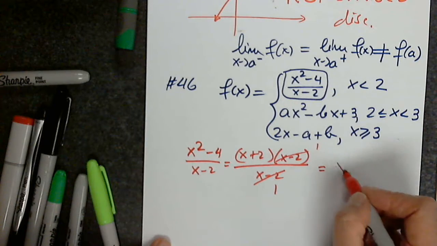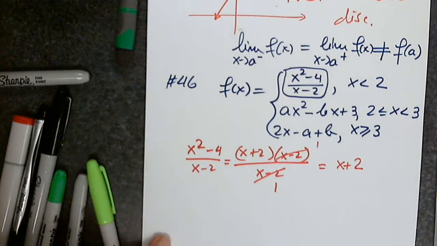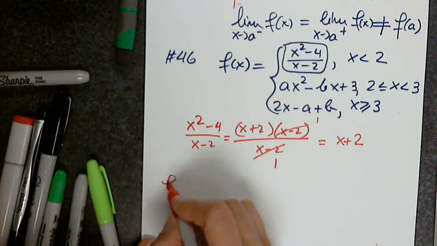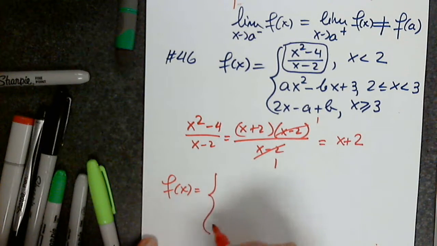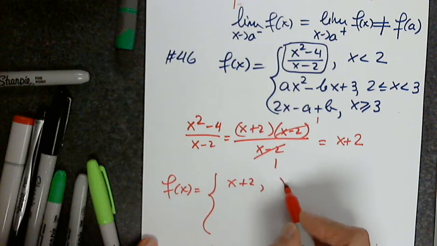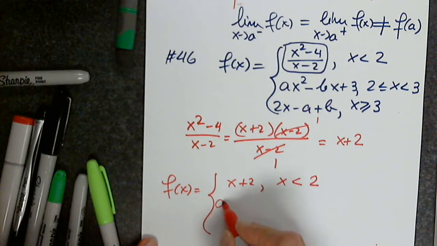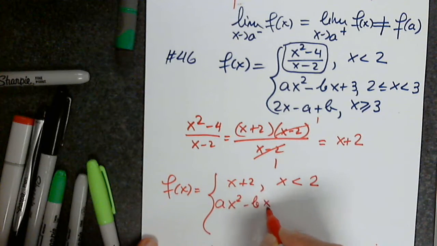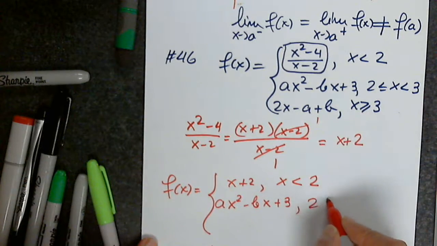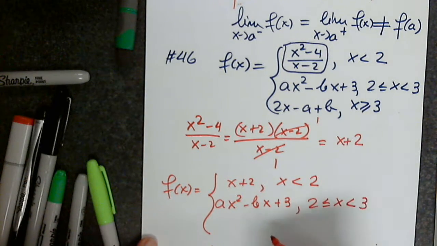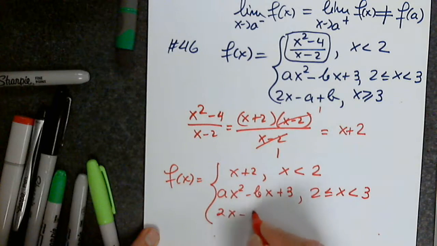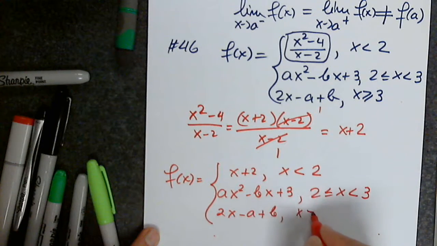So the top one is x plus 2. Do you all agree? Yes. So now the simplified form of this function is really x plus 2 for x less than 2. It's ax squared minus bx plus 3 for this. And it's 2x minus a plus b for this.